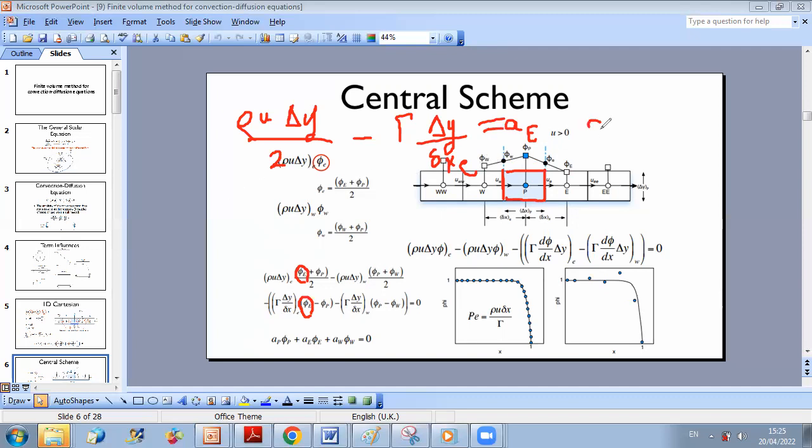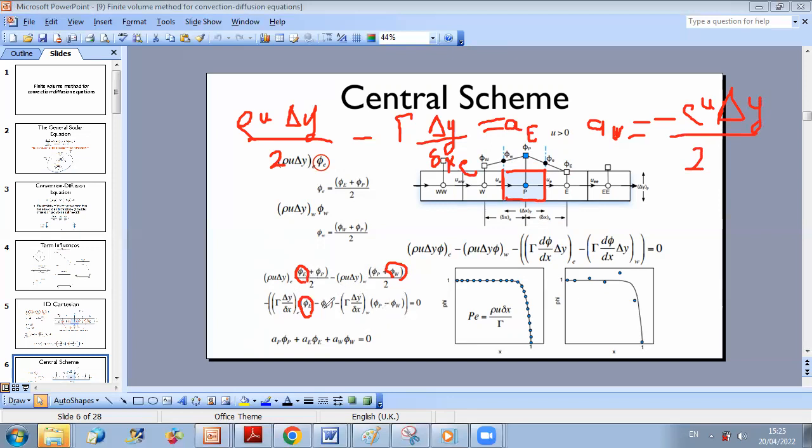To get A west, we add all components multiplying phi west. So for phi west, I have first minus rho U delta Y over 2, and we also have this coefficient.